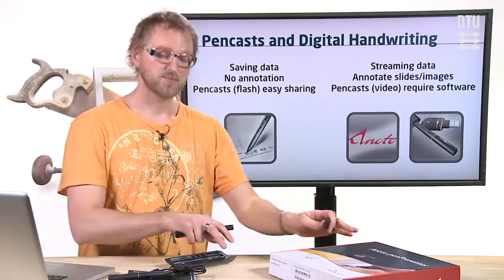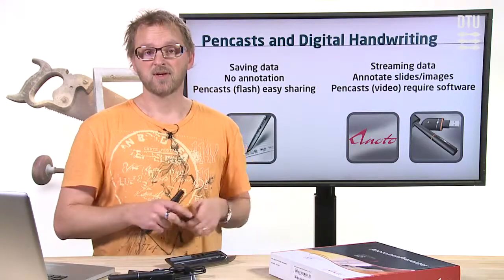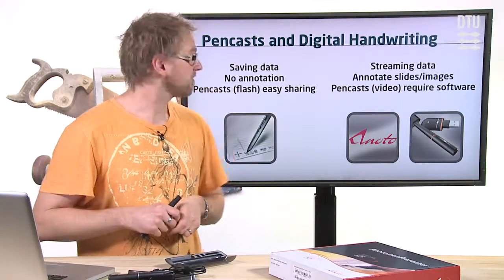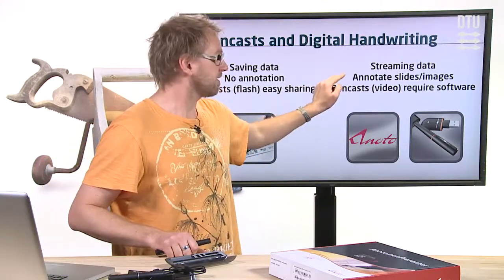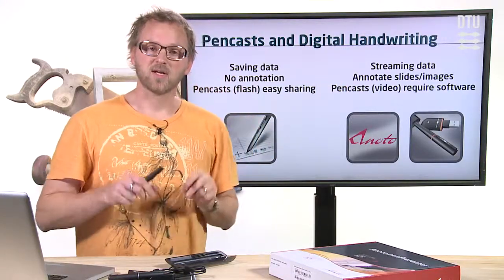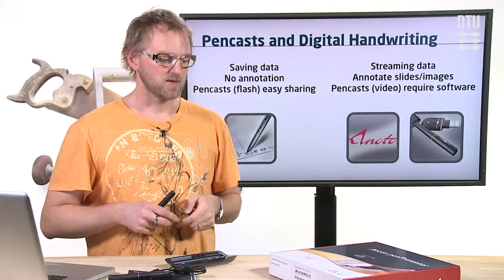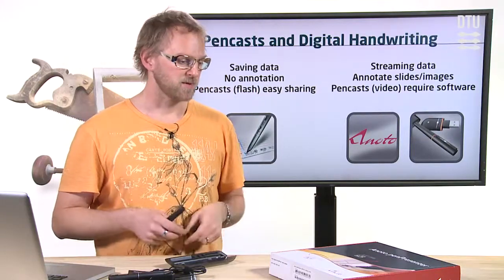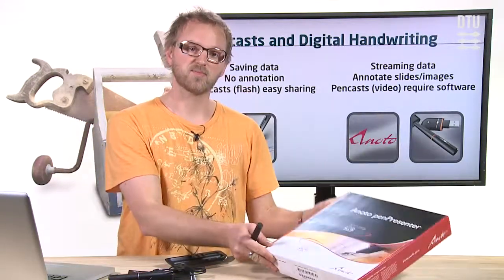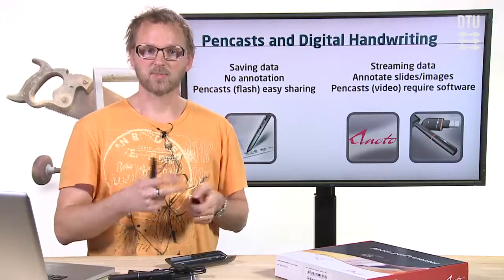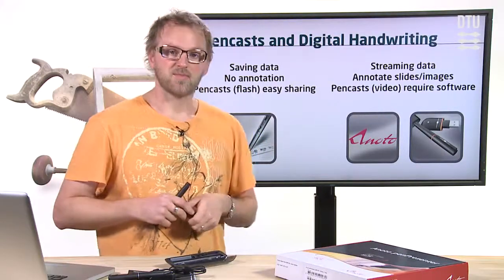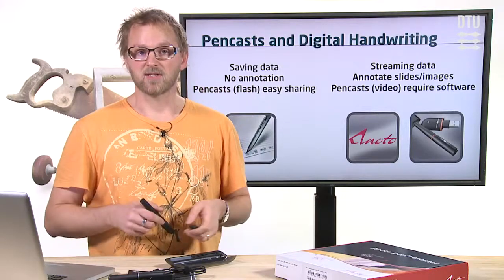For instance, you could use these pens as digital boards in a lecture hall. But they have the advantage that you can actually draw on top of existing slides or images. So you can print out slides on special paper, or with the Anoto Pen Presenter, you can just print your PowerPoint show with the dot pattern behind directly to your color printer, and you're able to annotate on top of it.